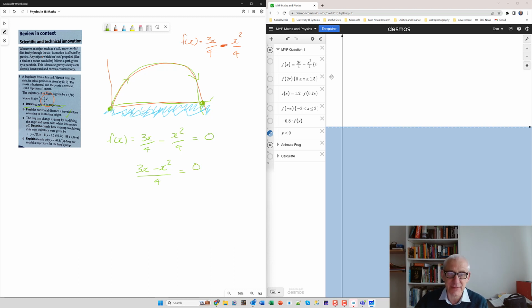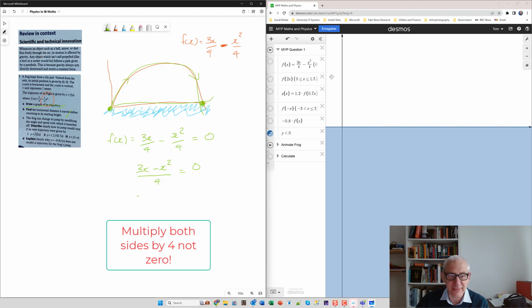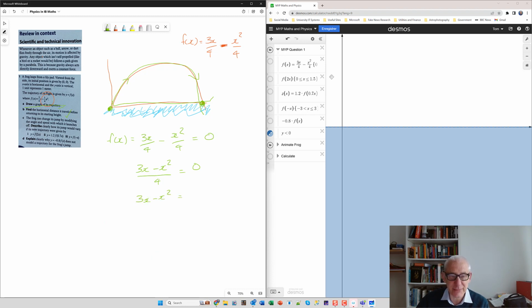If we multiply both sides by 4, that gives us 3x - x² = 0. We've got an x term in both parts of the subtraction, so we can factorize that. Take out an x and we're left with 3 - x inside. That is equal to 0.